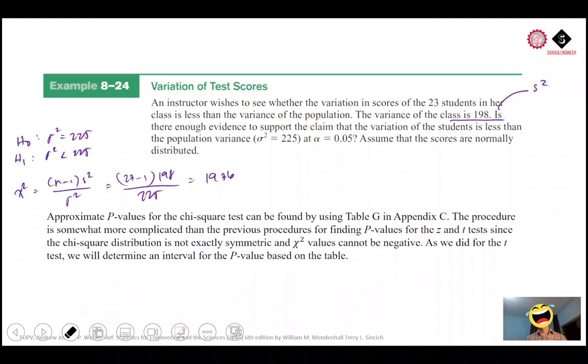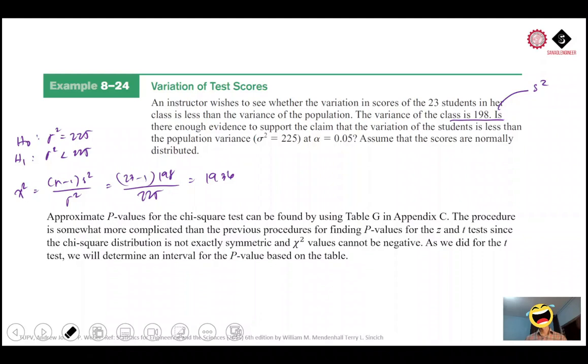Okay, let's take a look at this. Approximate p-values for the chi-squared test can be found by using table G in Appendix C. The procedure is somewhat more complicated than the previous procedures for finding p-values for the z and t tests, since the chi-square distribution is not exactly symmetric, and chi-squared values cannot be negative, as we did for the t-test. We will determine an interval for the p-value based on the table.